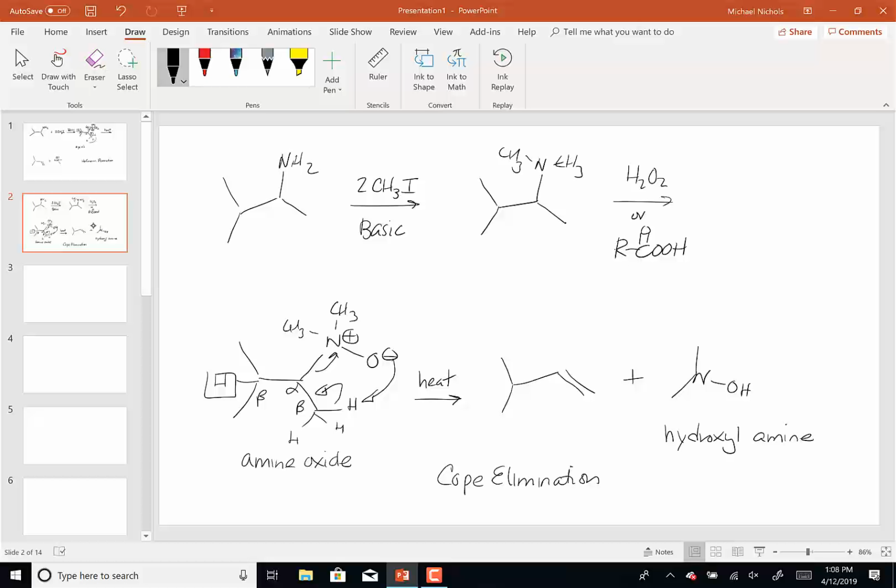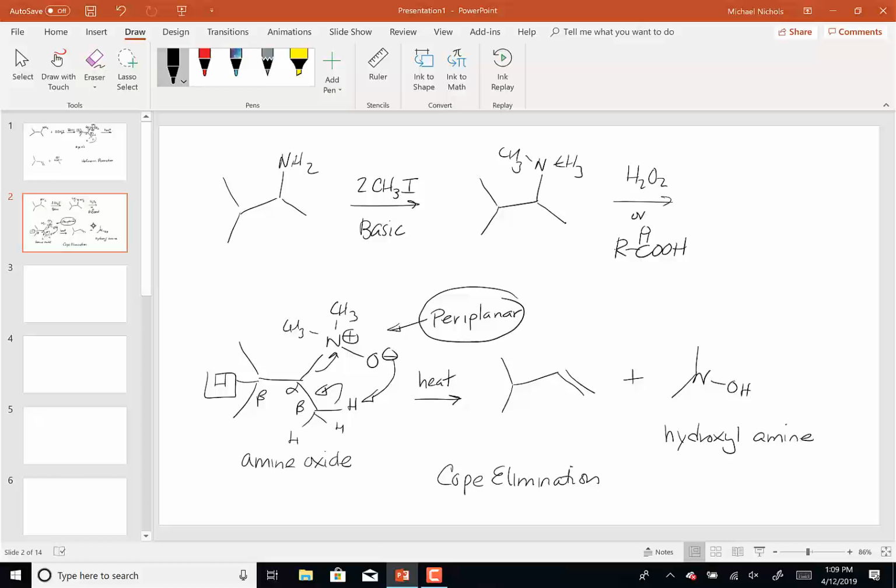Both of them will form the least hindered, or the least substituted product. But they differ in the fact that this transition state has to be periplanar in terms of its relationship of the N, the O, and the H. They have to be in the same plane.